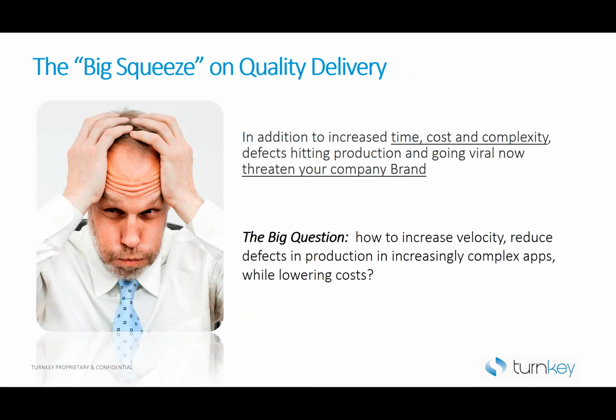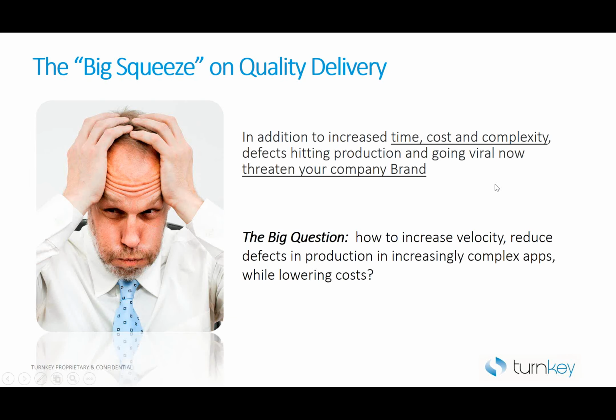As the previous examples show, not only do defects leaking into the production environment increase timelines, costs, and complexity to find the root cause, in today's technology-savvy world, any failure has the potential to go viral on numerous websites and media outlets that will ultimately threaten your corporate brand and customer loyalty.